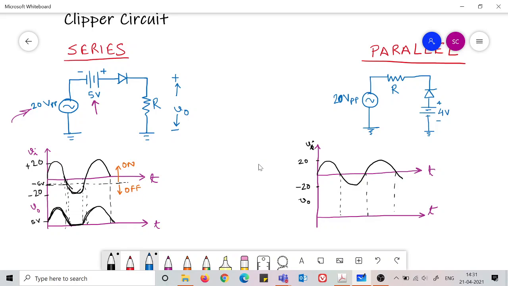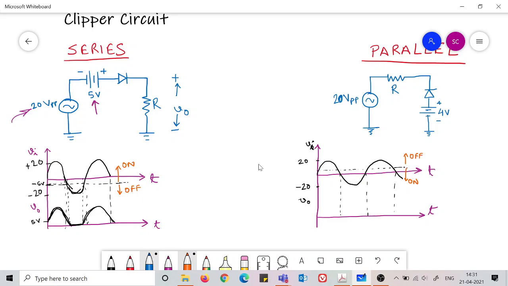After it goes past 4 volt, this diode becomes reverse biased. So there is a 4 volt cutoff place here, and below this 4 volt, the diode is always forward biased. So this is the on region and this is the off region.